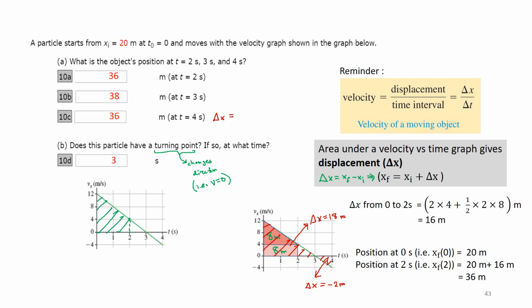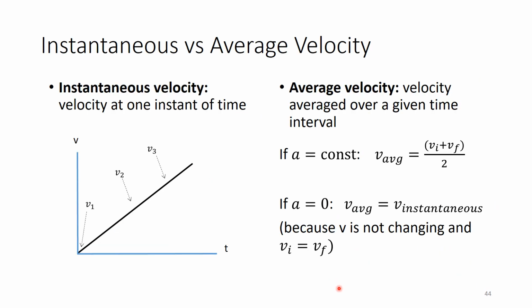You get 16 altogether. So let's write this down. So delta x would be 18 minus 2 equals 16 meters. All right, and that's the displacement delta x. You add it to the initial position to get the final position of 36.